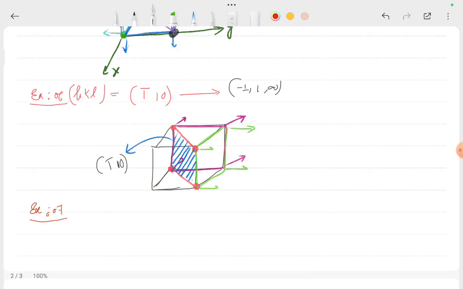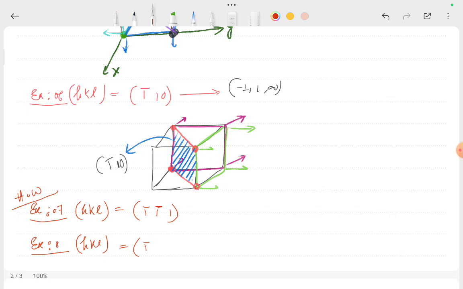Example number 7, and this is your homework. HKL equals 1 bar 1. Okay, next, exercise 8, HKL equals 1 bar 1 bar.